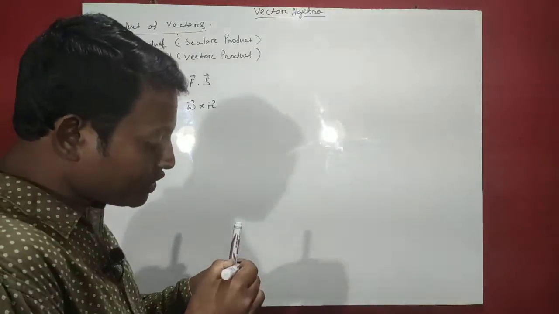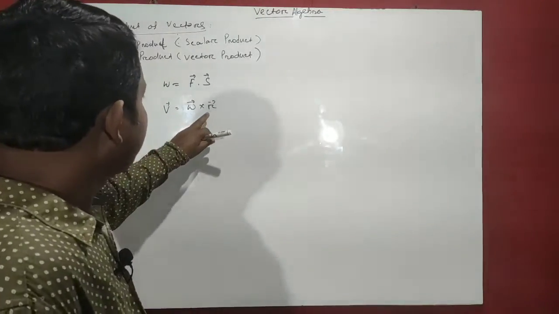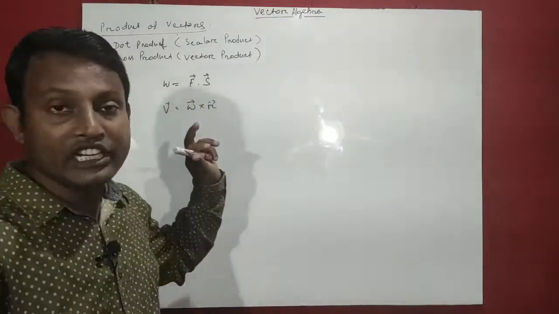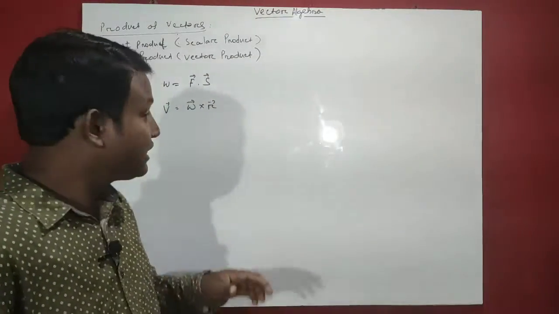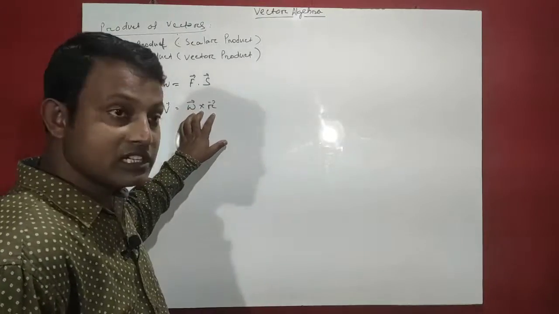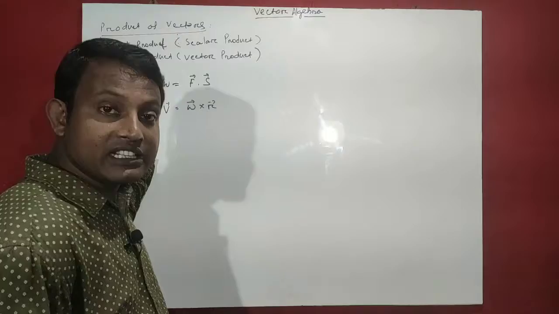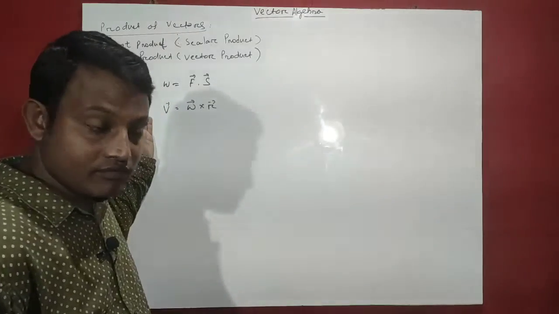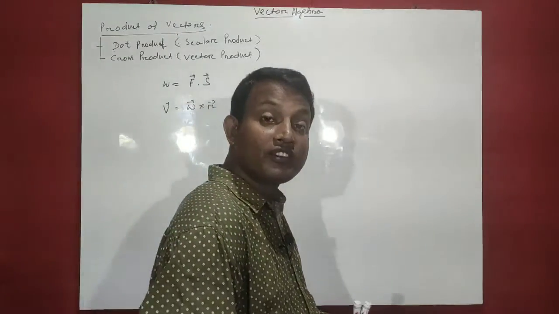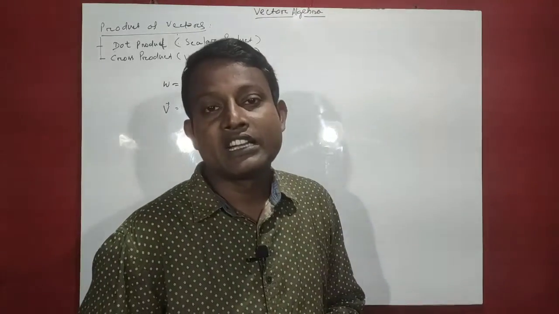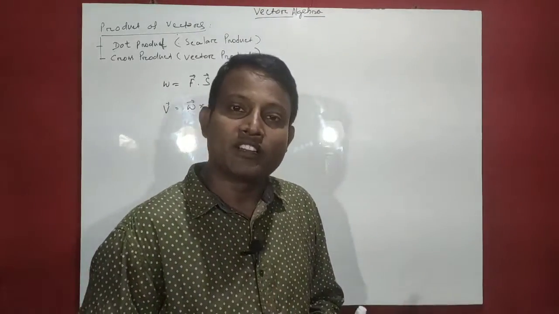Omega is the angular velocity and r is the radius vector. These two vectors multiplied give another vector. Therefore we need two types of product in vectors.